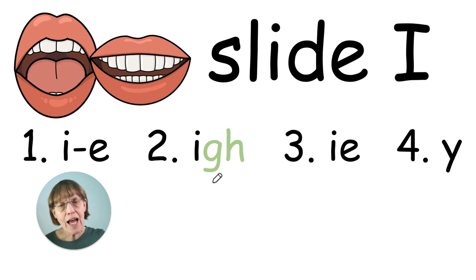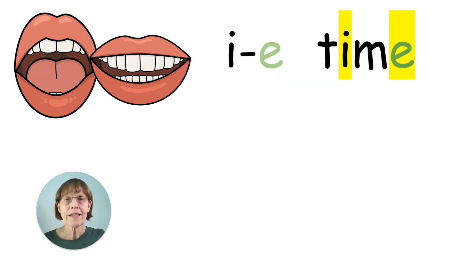We can spell I with silent letters. The GH, no sound. But you need them. And then IE, and then Y at the end of small words. So please read.